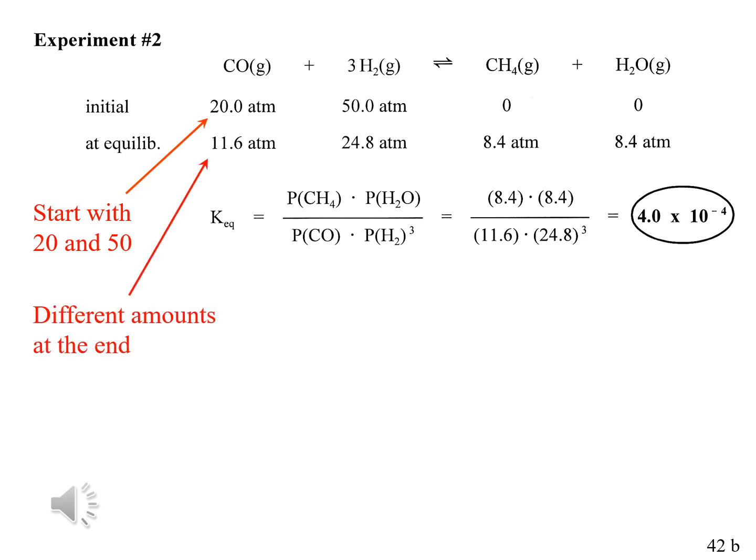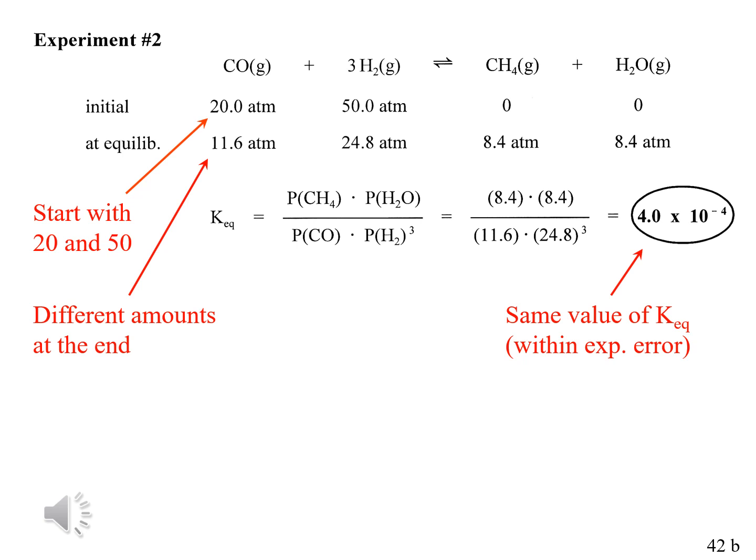Since you started with different amounts, I don't think it would surprise anybody that you would end up with different amounts at the end from the first problem, because there's just more stuff there. But when you plug in the numbers at equilibrium, you get the very same value of KEQ. That's why it's called a constant.